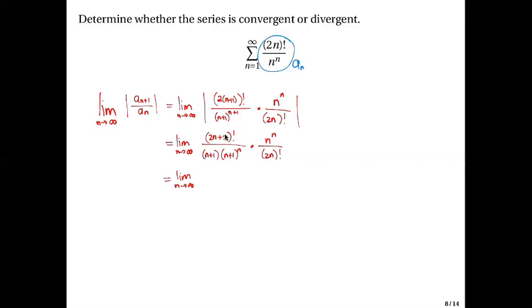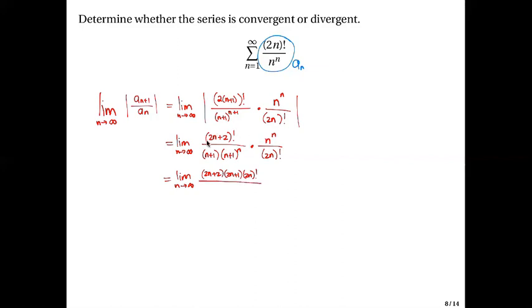Si 2n plus 2 factorial, pwede mo siyang isulat as 2n plus 2 times 2n plus 1 times 2n factorial.